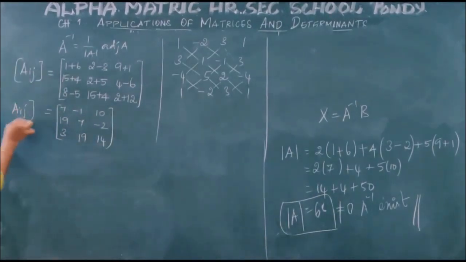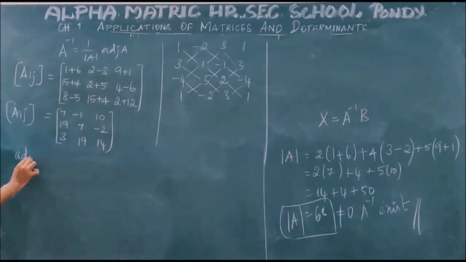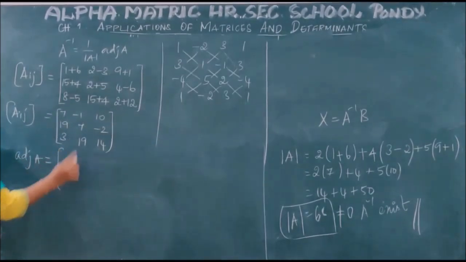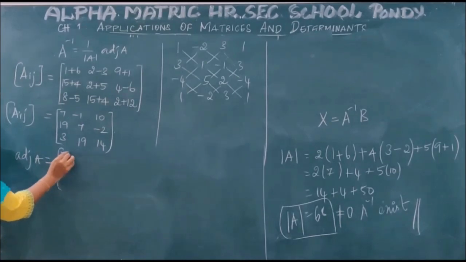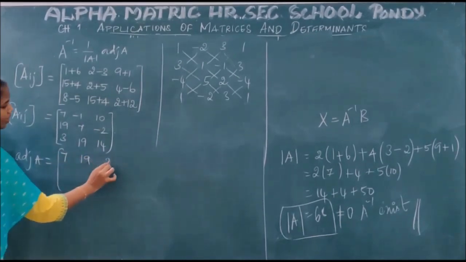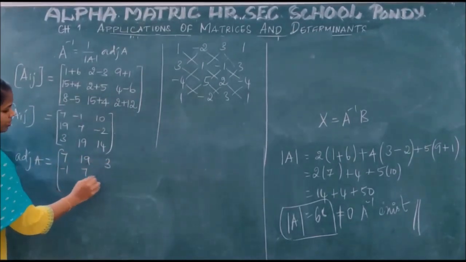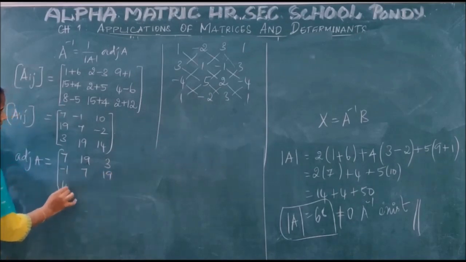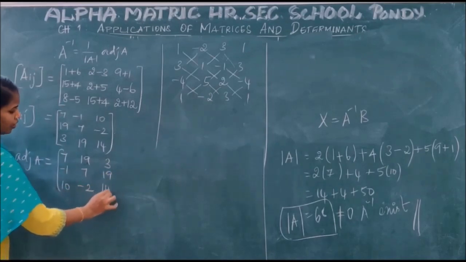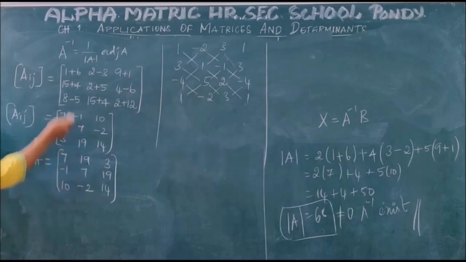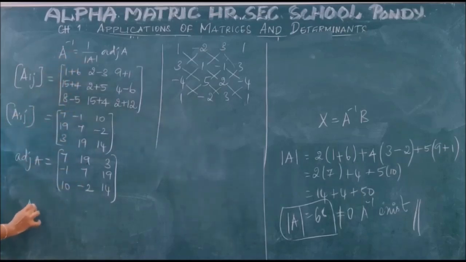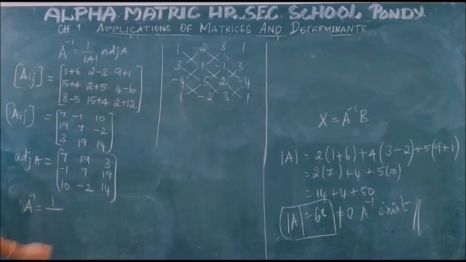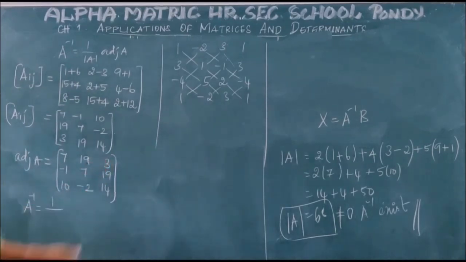Okay. Then adjoint of A is equal to the transpose of this matrix, that is 7, 19, 3, minus 1, 7, 19, 10 minus 2, 14. Now just substitute this here, and A inverse is equal to 1 by determinant of A. What is our determinant value?